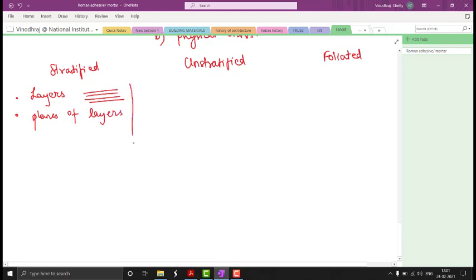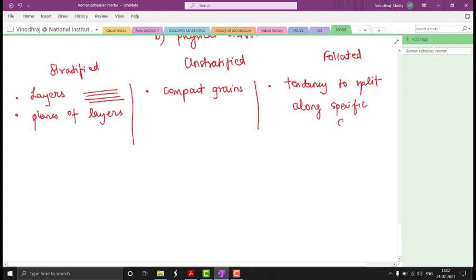So stratified means you can distinguish the rock in layers. Unstratified means it does not have any layers. So basically it is compact. Okay, it has compact grains. The grains in the stones are very compact. And foliated stones means they have the tendency to split along any specific direction.